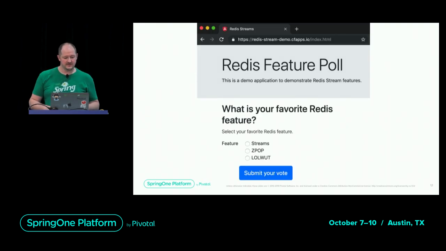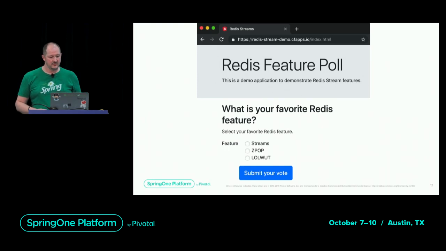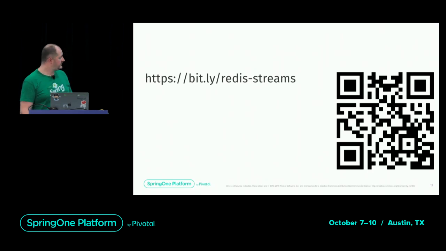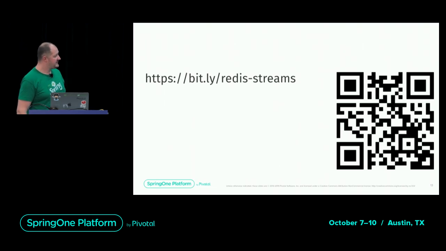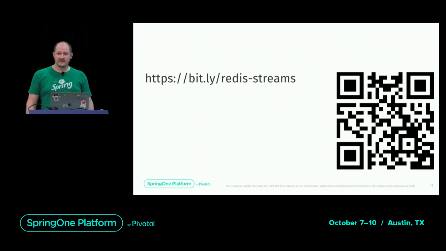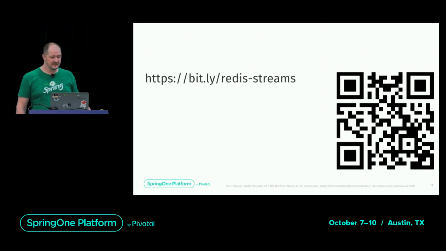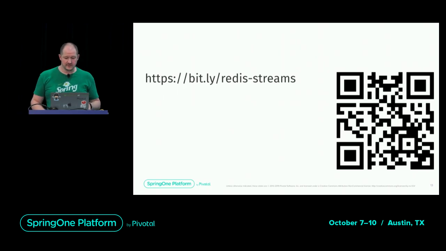I've built a tiny front end, which is a Redis feature poll. You have 3 options, select one of them to submit votes. That's the general idea. You can go to the following bit.ly URL, https://bit.ly/redis-streams, and then you will see the front end and the UI I have shown to you.